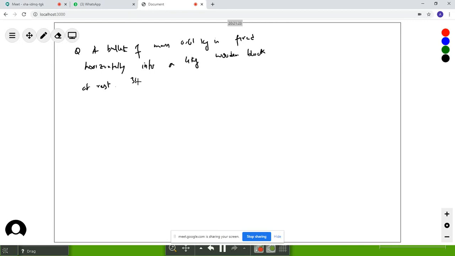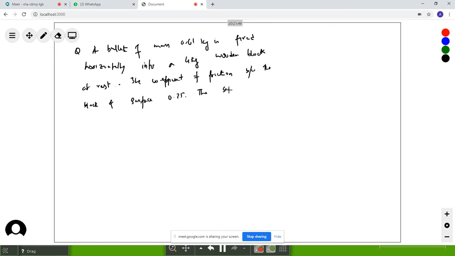The coefficient of friction between the block and the surface is 0.25.